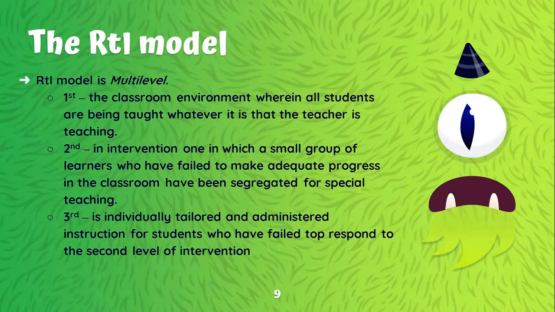The first level is the classroom environment wherein all students are being taught whatever it is that the teacher is teaching. For example, in a classroom there are 10 students who did not pass the standardized test. So those 10 students go to the first level of the RTI model.